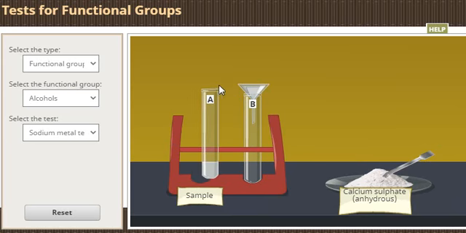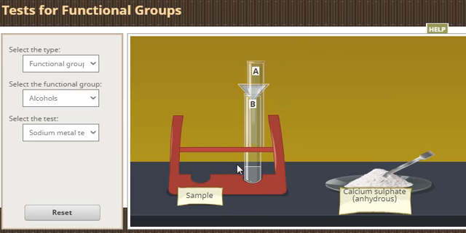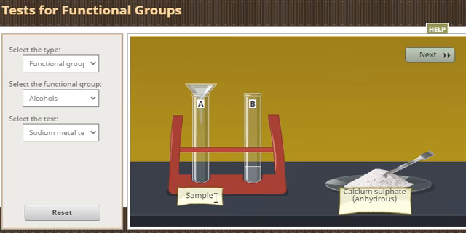Now pour this sample into test tube B with the help of the funnel.